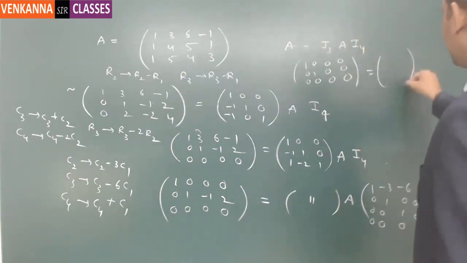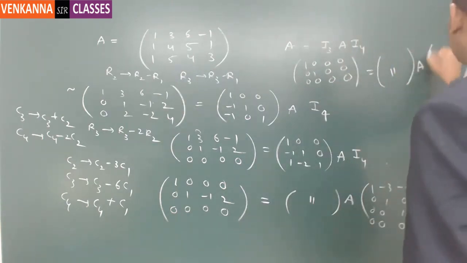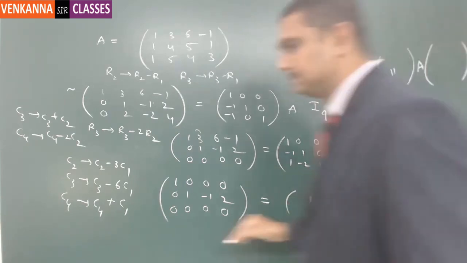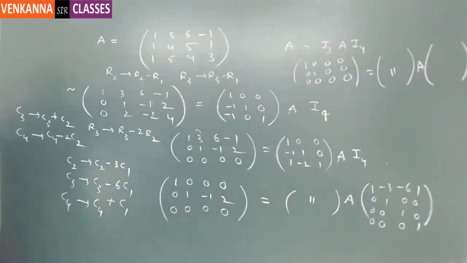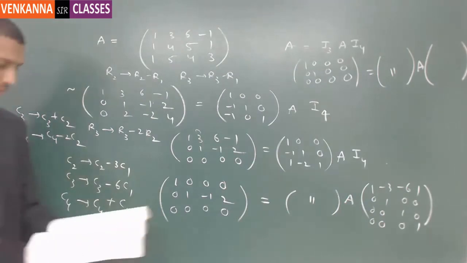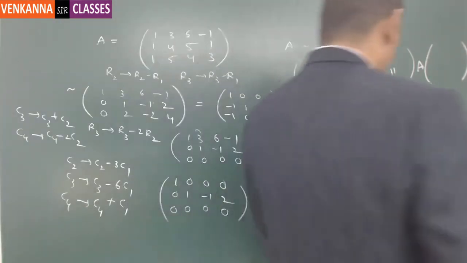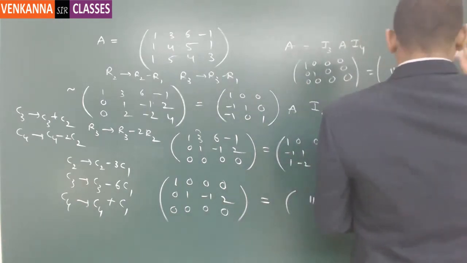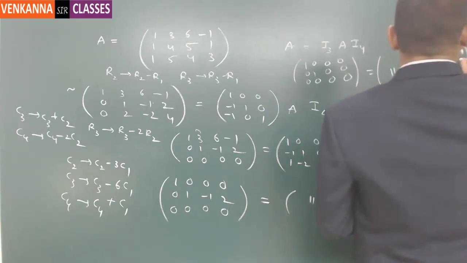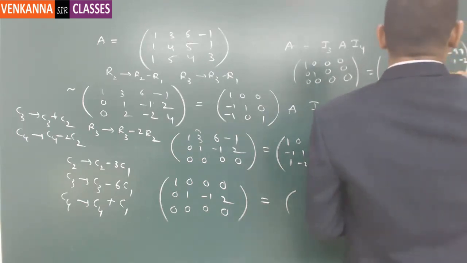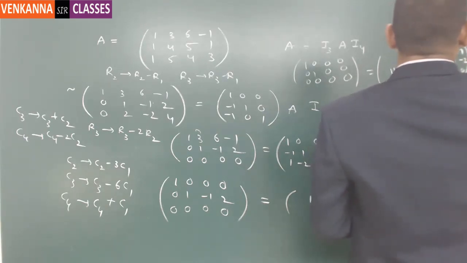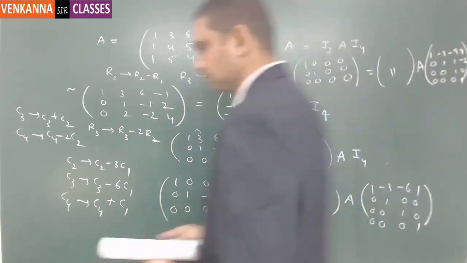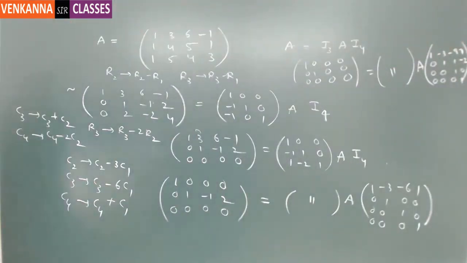And this factor will be as it is, this will be A, and you will get a new matrix here. So that matrix will be in the form of, that was the new matrix.